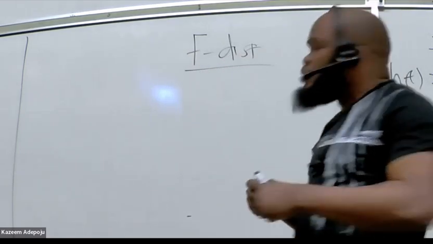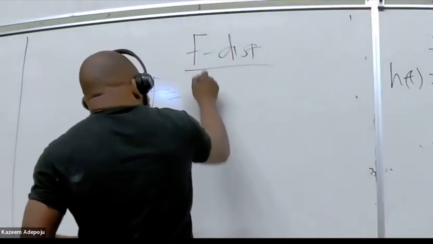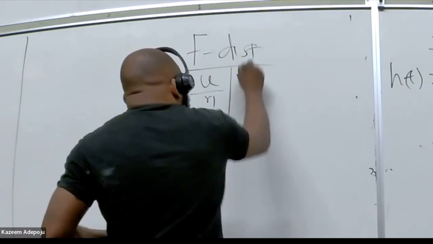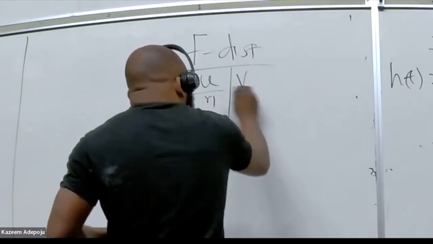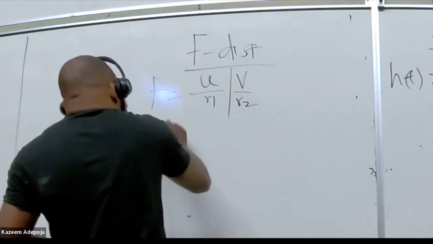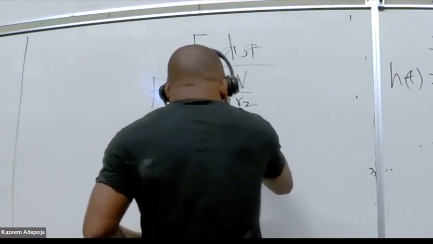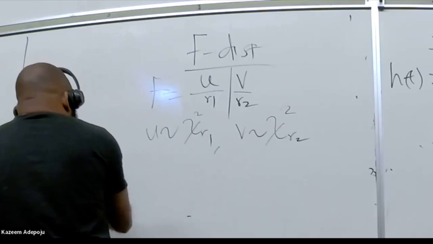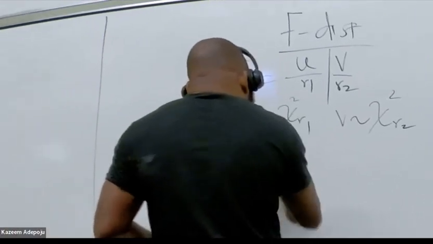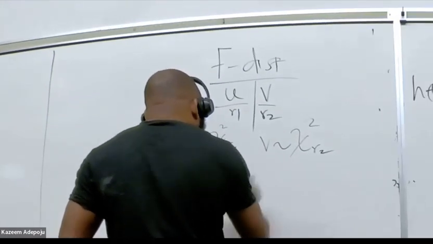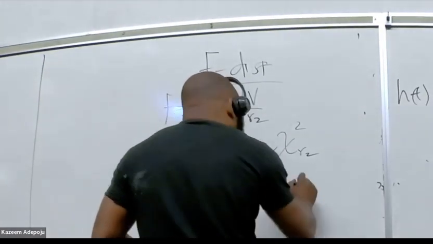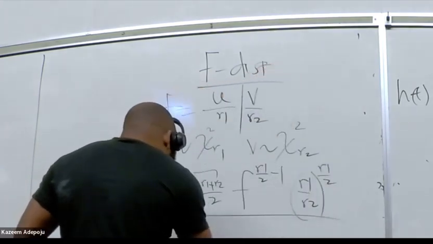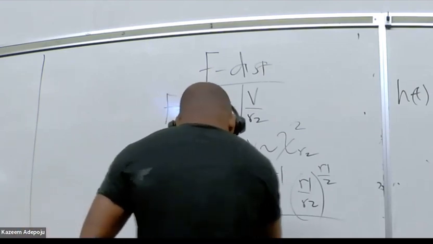The origin of that: if I have a random variable U that follows chi-squared with degree of freedom R1, divided by another random variable V that follows chi-squared with degree of freedom R2, then G of F is basically going to be gamma of R1 plus R2 over 2, F raised to power R1 over 2 minus 1, R1 over 2 raised to power R1 over 2, divided by gamma R1 over 2, gamma R2 over 2.